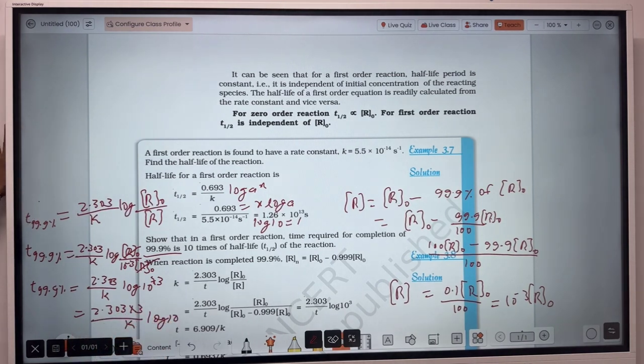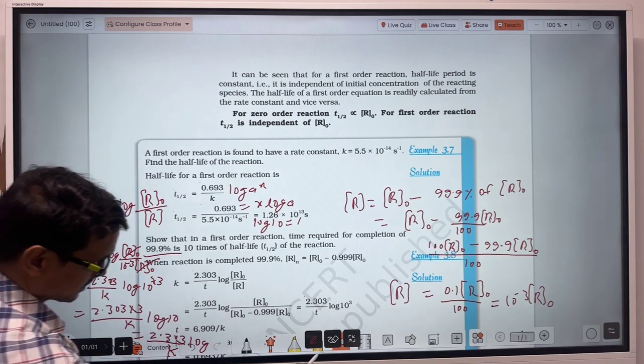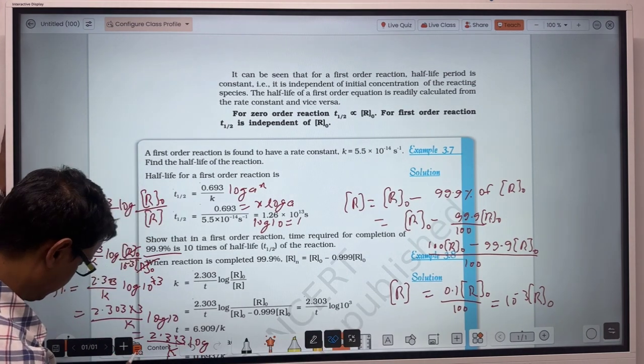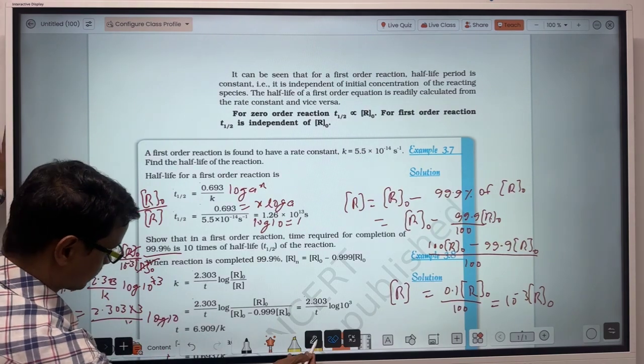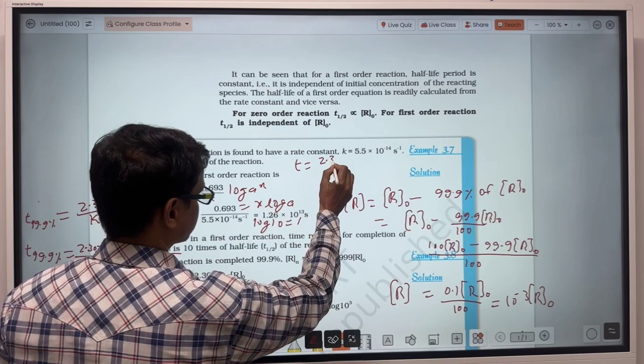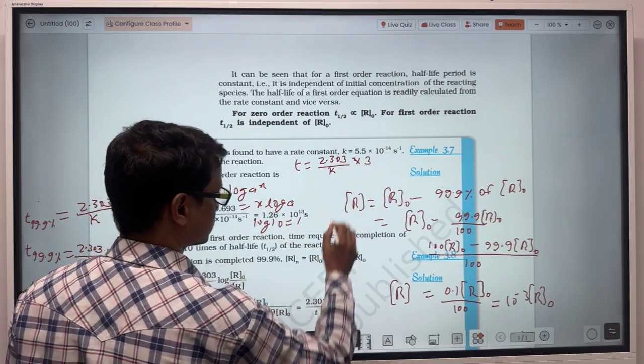and log 10 is 1. So same here, that will be equal to simply this one.